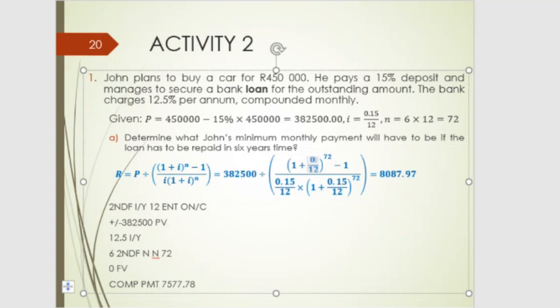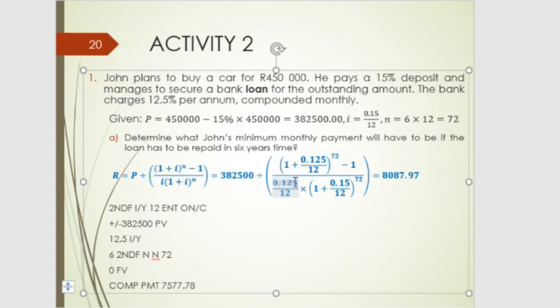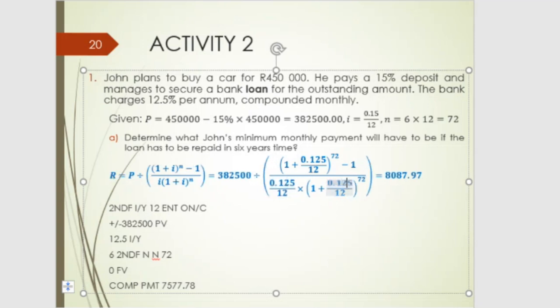It's going to be 0.125. It's 12.5%. Okay, even here 125.